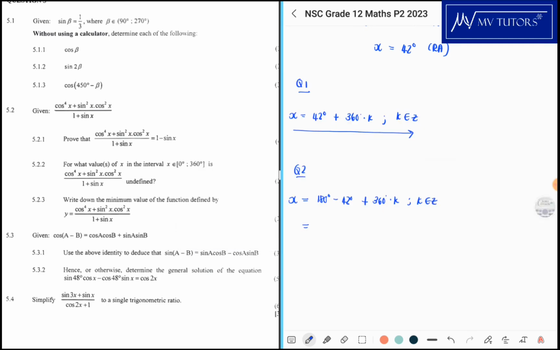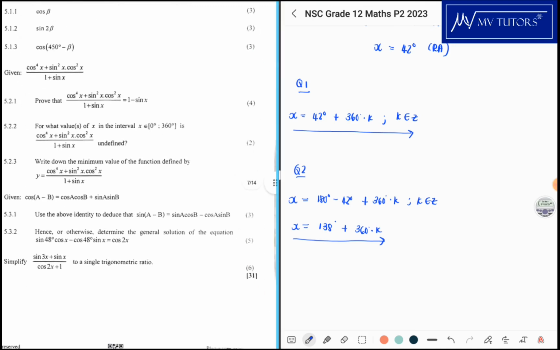That is 138. So I have x is equal to 138 degrees plus 360 times k, and that is my second general solution. They didn't ask us to solve for x, so we can leave it here. And that is your 5 marks.